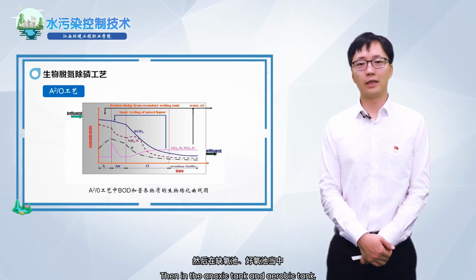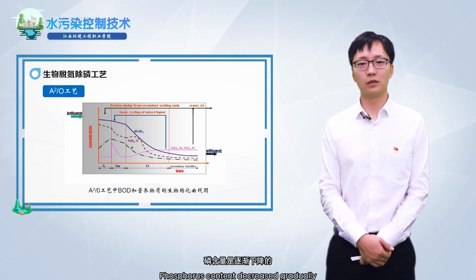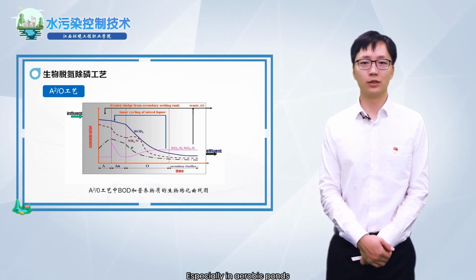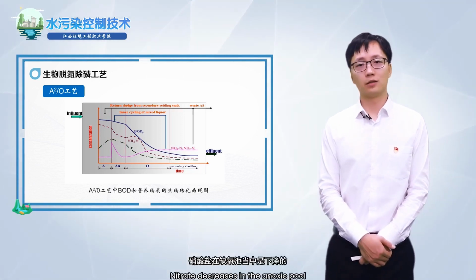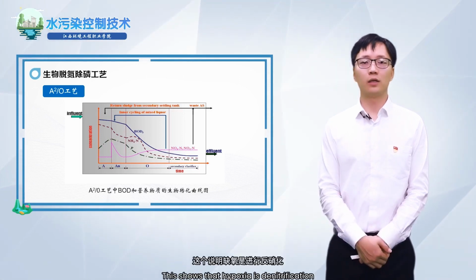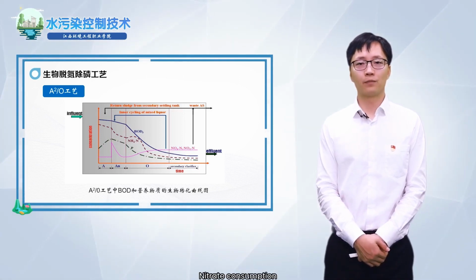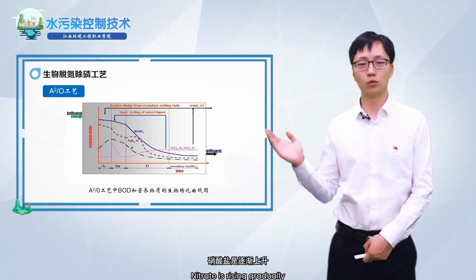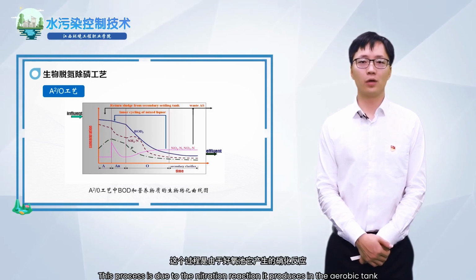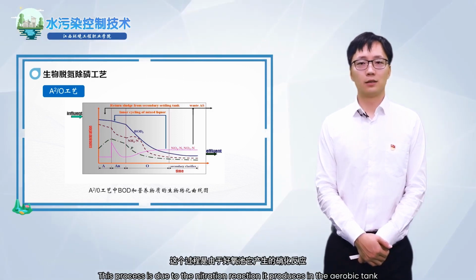Then in the anoxic tank and aerobic tank, phosphorus content decreased gradually, especially in the aerobic pond. Nitrate decreases in the anoxic pool. This shows that the anoxic tank is denitrifying, consuming nitrate. So in the aerobic tank, nitrate is rising gradually. This process is due to the nitration reaction in the aerobic tank.